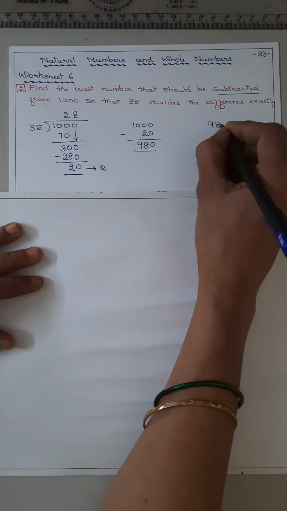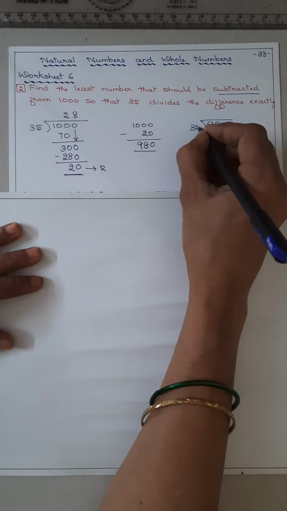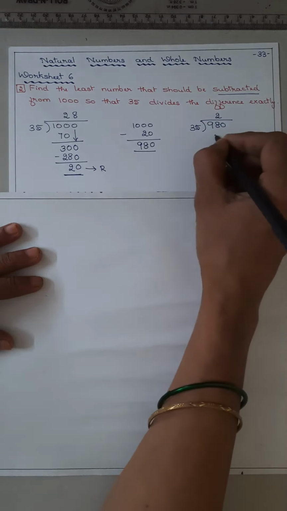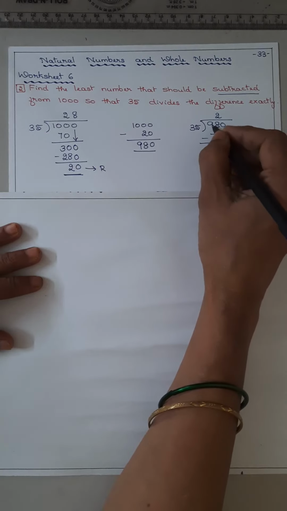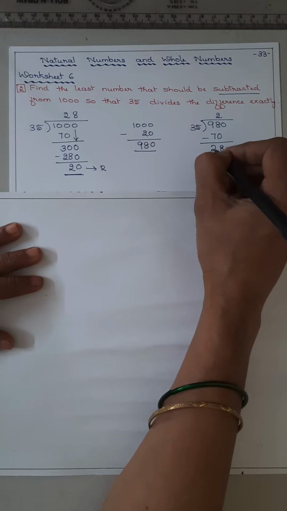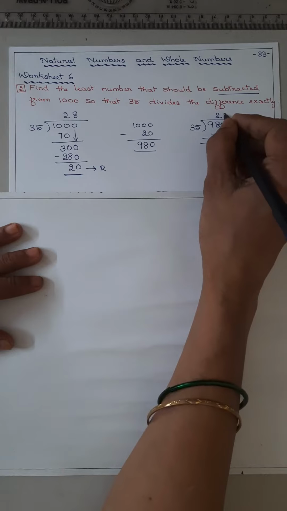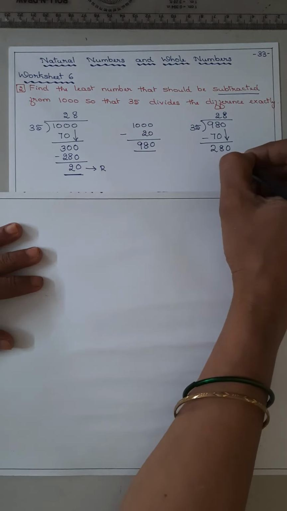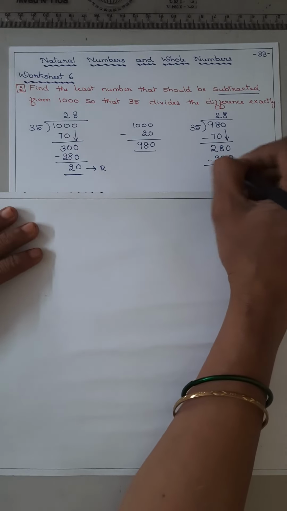So check the new number divided by 35. 35 2s are 70, and here it will be 9 minus 7 is 2. Bring this 0 down. 35 8s: 8 5s are 40, 8 3s are 24 plus 4, 28.